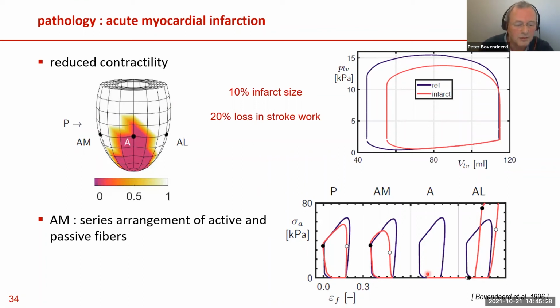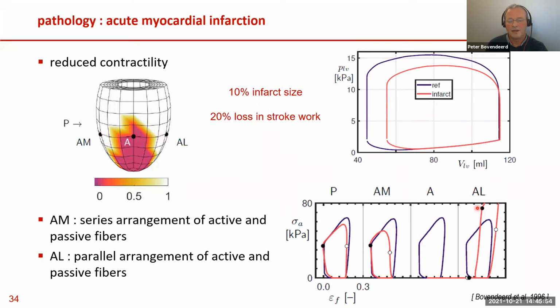I did not point that out, but here you can see there's no active stress and there's a lot of stretching going on in this infarct region. But these fibers that are perfectly healthy, they still are stretched along with the fibers in the infarct region. So they become longer and consequently they can develop more stress. But again, especially this effect can be explained from the simple analysis with our two-segment model.